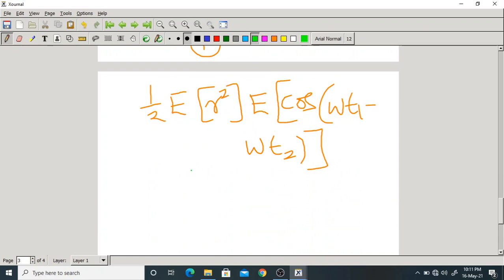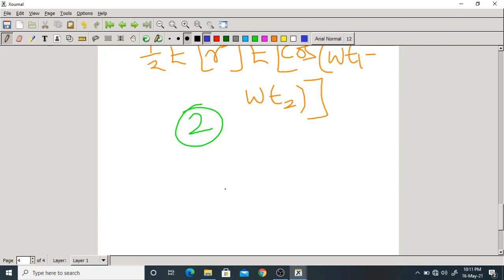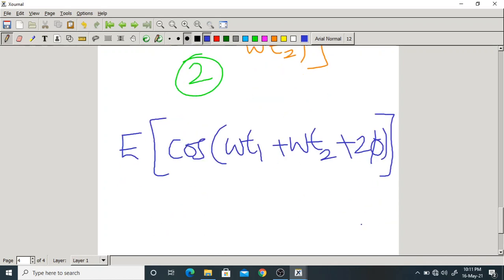This is the second one. So let us find the expectation of cos of omega t1 plus omega t2 plus 2 pi. Can you guess it?